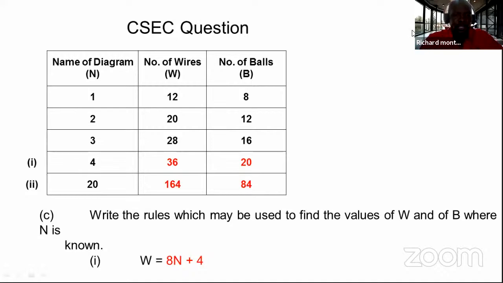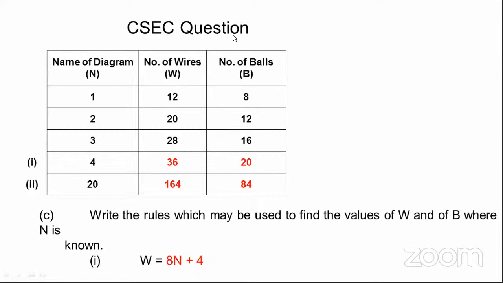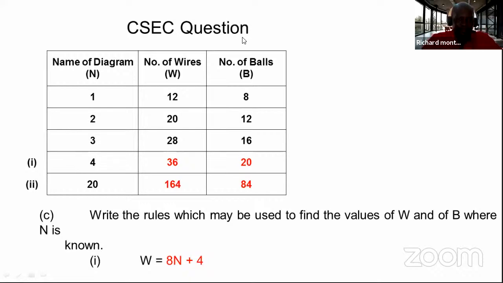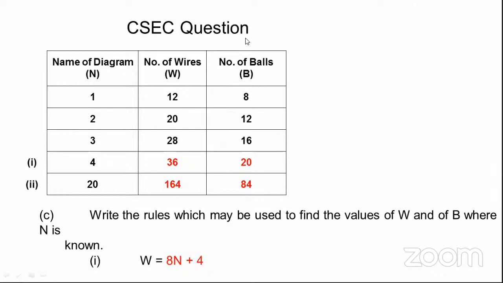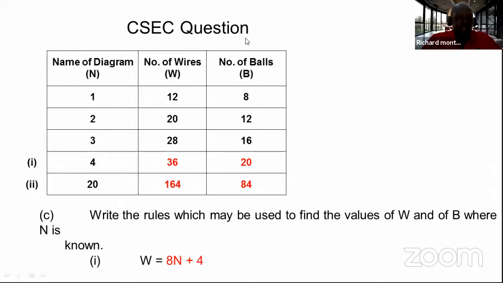Just going down the column, number of wires, are we recognizing our common difference? What does the chat look like, Mr. Hilton? All right, so what I'm seeing so far, Vanessa, White, Beric, Pamela, Brown saying 8. Cherise also saying 8. All right, so very good. So we're recognizing our common difference again here, which is 8, which will give us our coefficient of n.